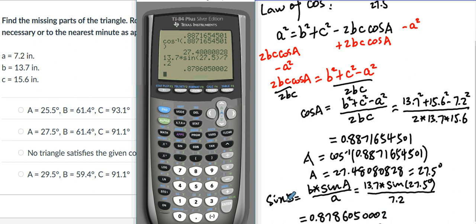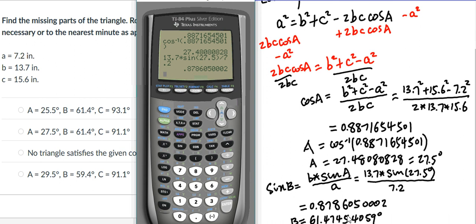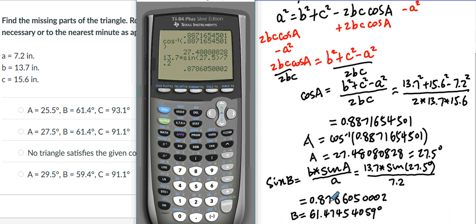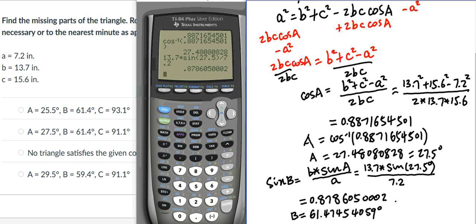Then we have sine B equal to this value, so you will do sine inverse of 0.878.